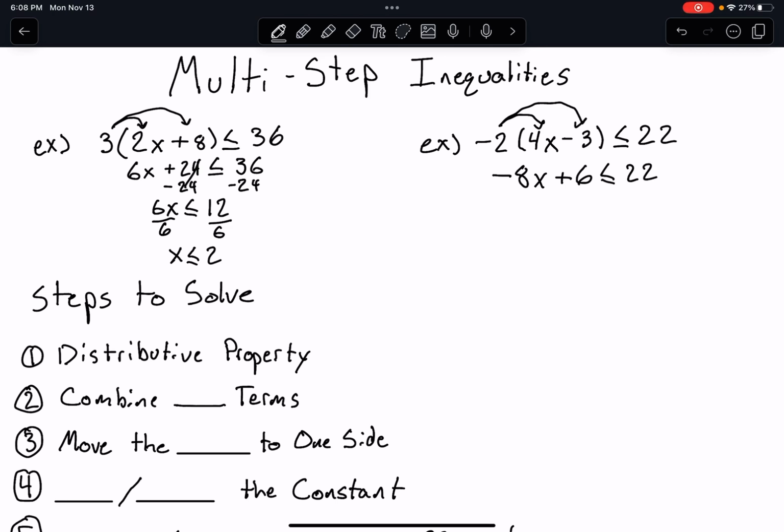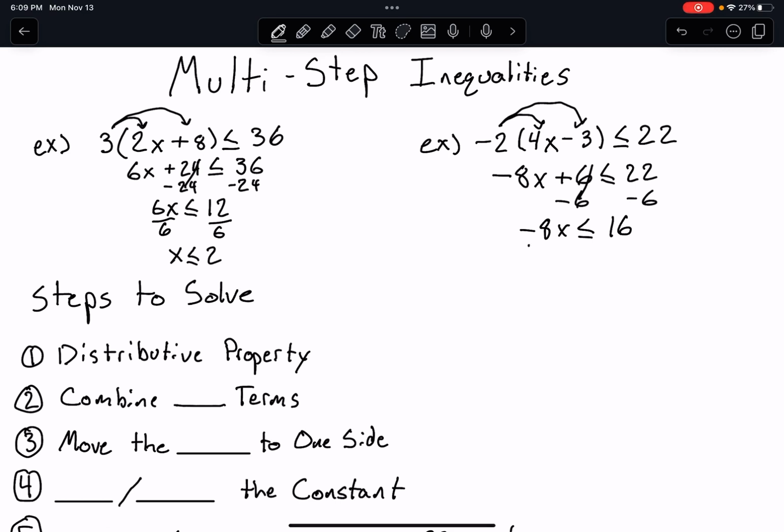So now that we have that, it's set up just like a two-step. It is a two-step. So we're going to follow our two steps. Subtract 6. Negative 8x is less than or equal to, looks like 16. 22 minus 6 is 16.